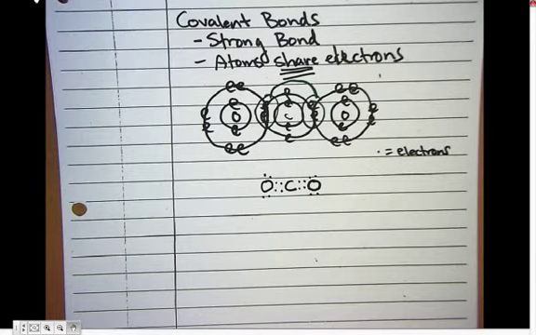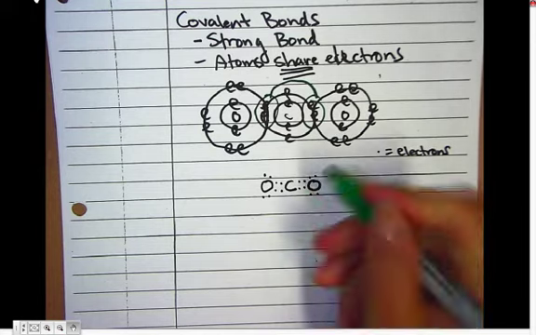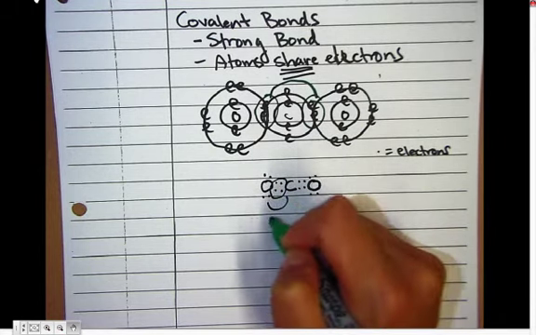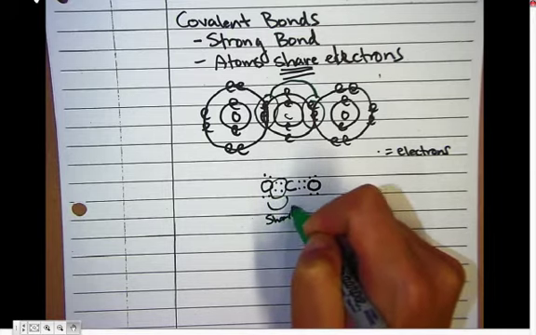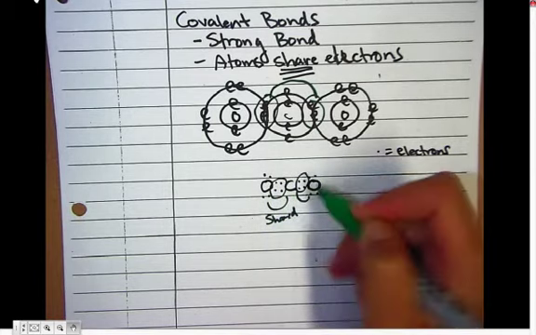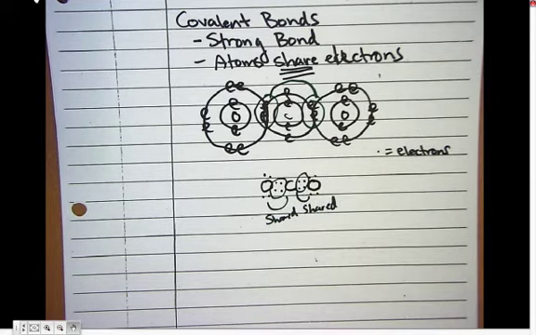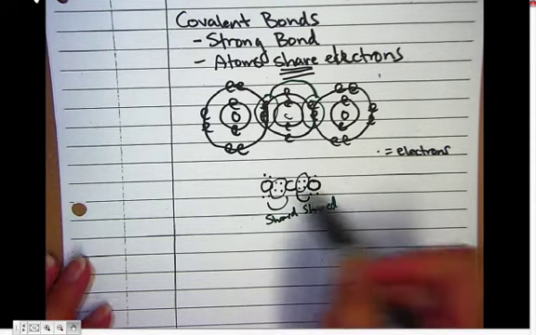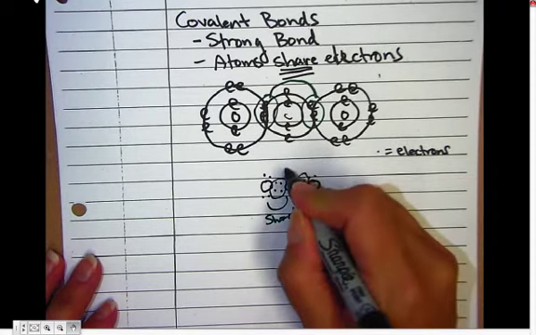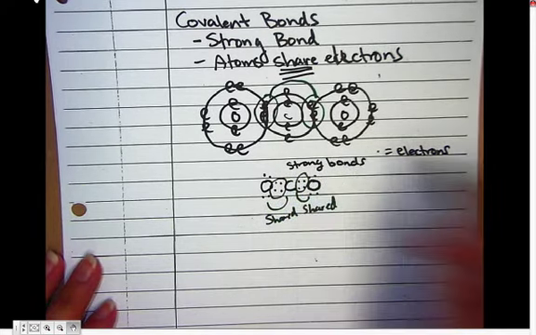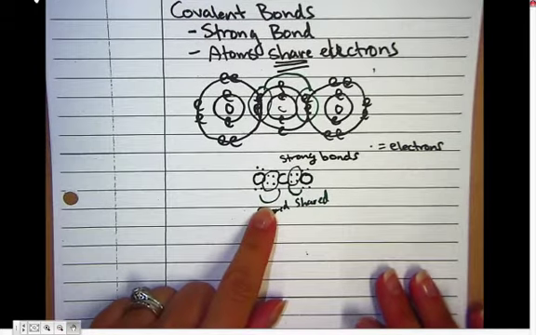And these 4 electrons are being shared, and these 4 electrons are being shared, and that gives us what we call a double bond. So these are strong bonds because of all these electrons that are being shared.